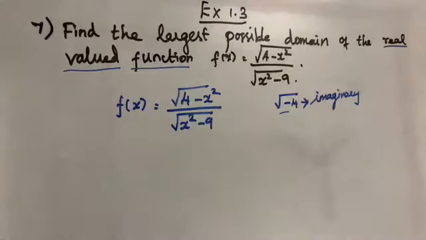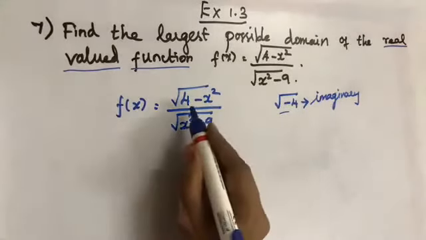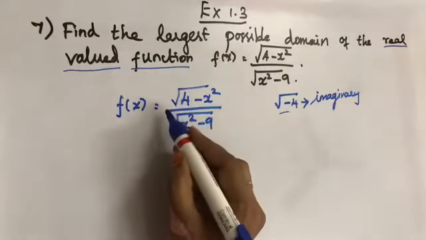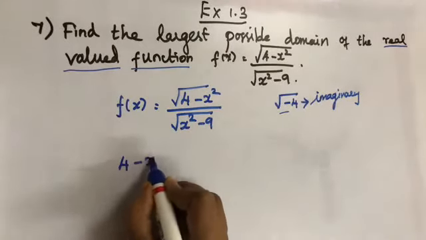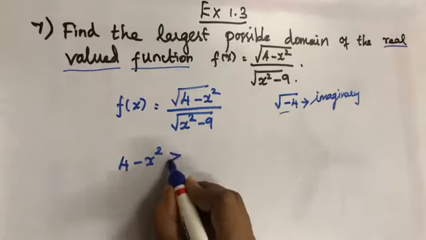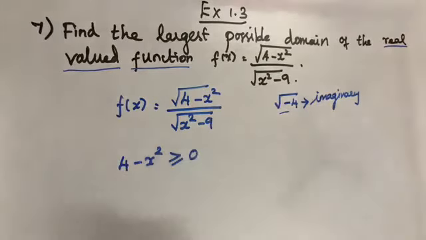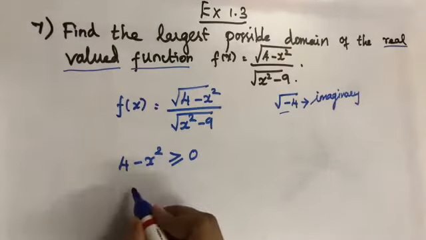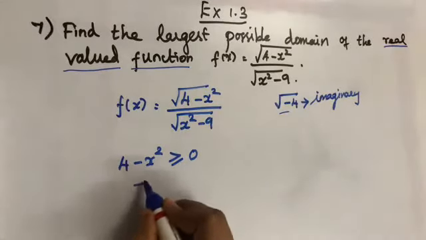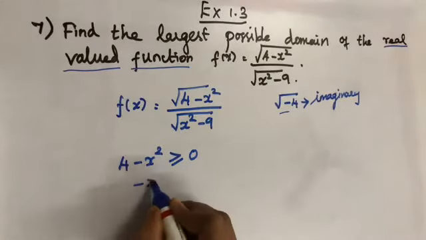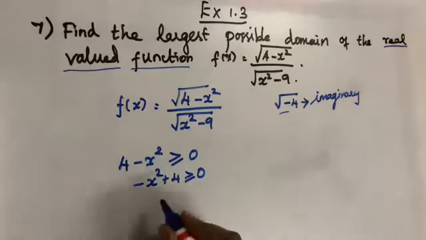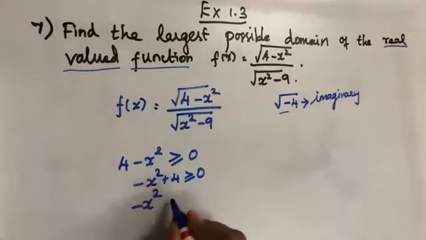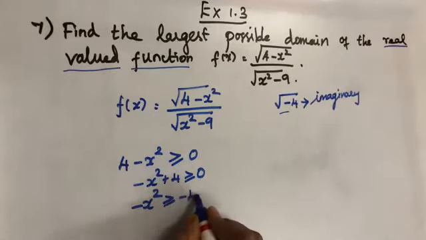Okay. So now I equate the value 4 minus x square. So 4 minus x square should be greater than or equal to 0. So minus x square plus 4 is greater than or equal to 0. So minus x square is greater than or equal to minus 4.